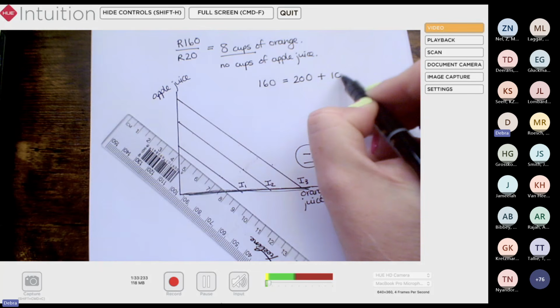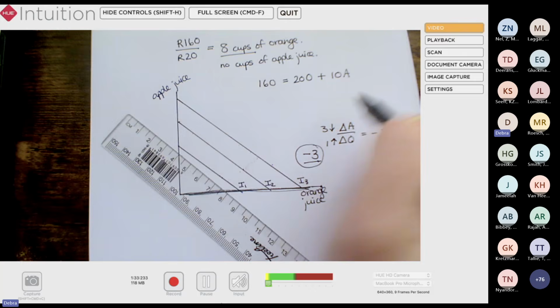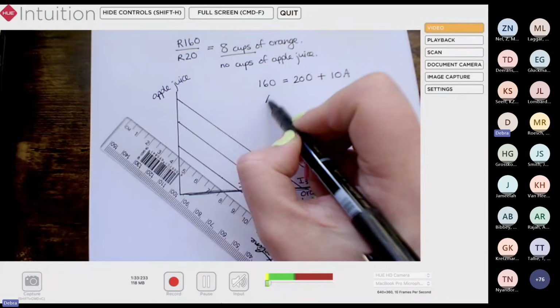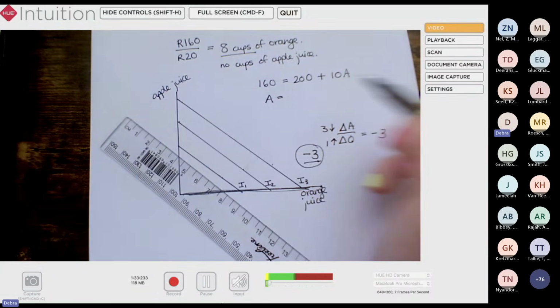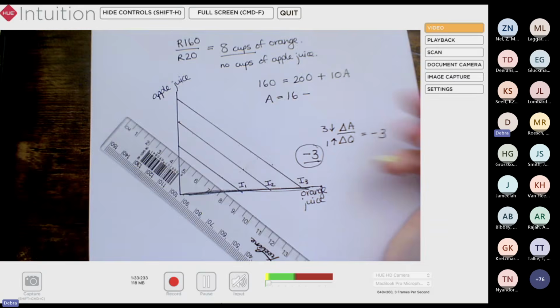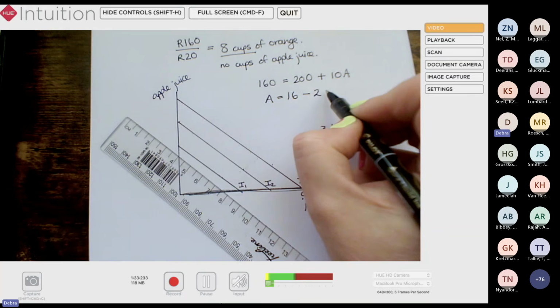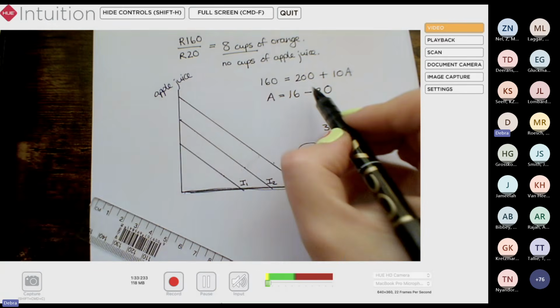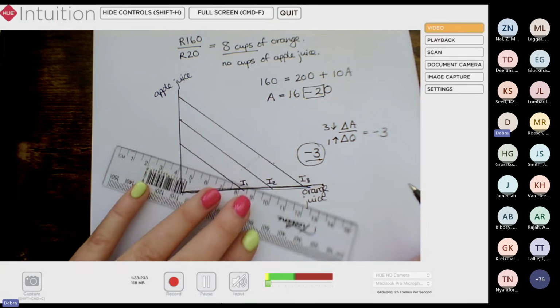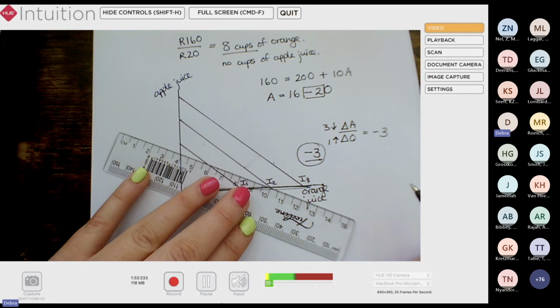If I represent this as A as a function of O, his budget constraint would be A = 16 - 2O. That would be the function of his budget constraint, and we can see that it has a slope of -2. So his budget constraint is not as steep as his indifference curves.